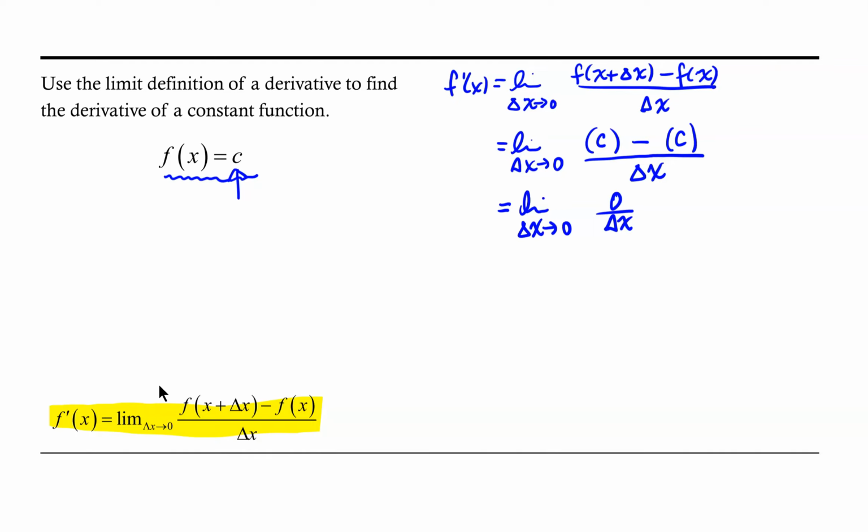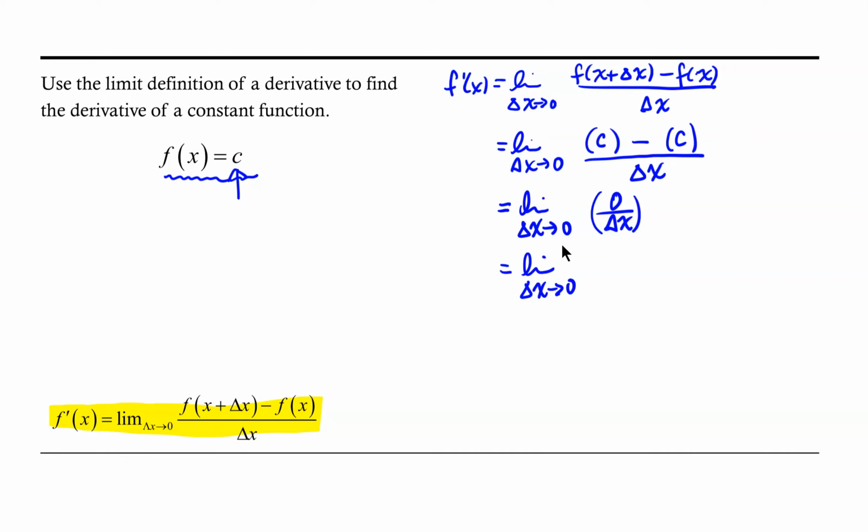Now, keep in mind that as delta x goes to 0, those are non-zero values. So, for example, delta x could be 0.1 and then 0.01 and 0.001 and so on and so forth. So our denominator here with this delta x is a non-zero value. So we can simplify 0 over delta x, and that actually simplifies to be 0.